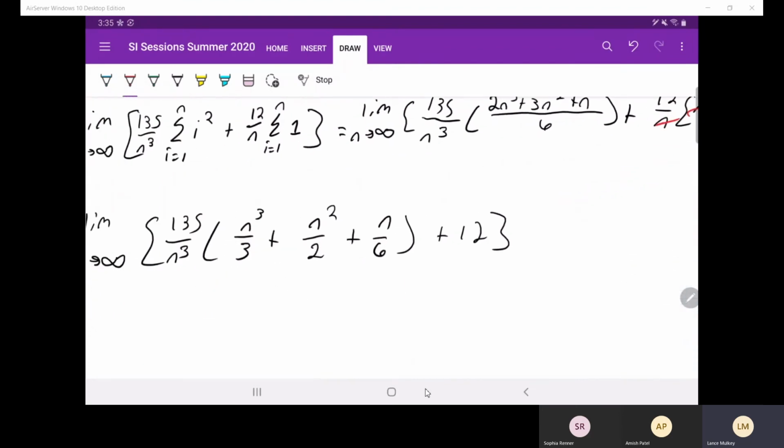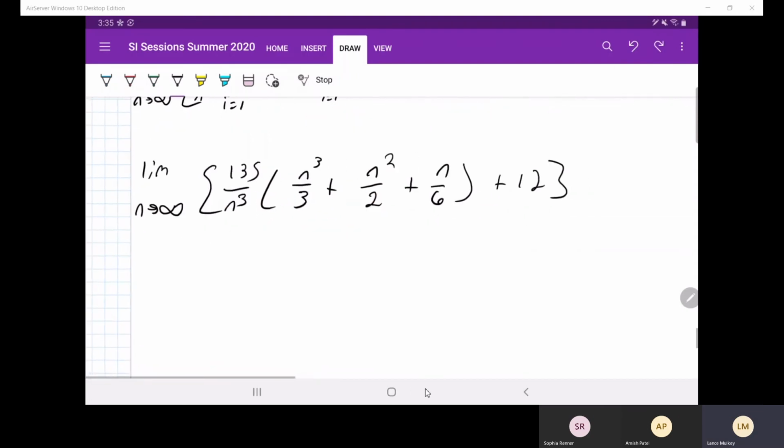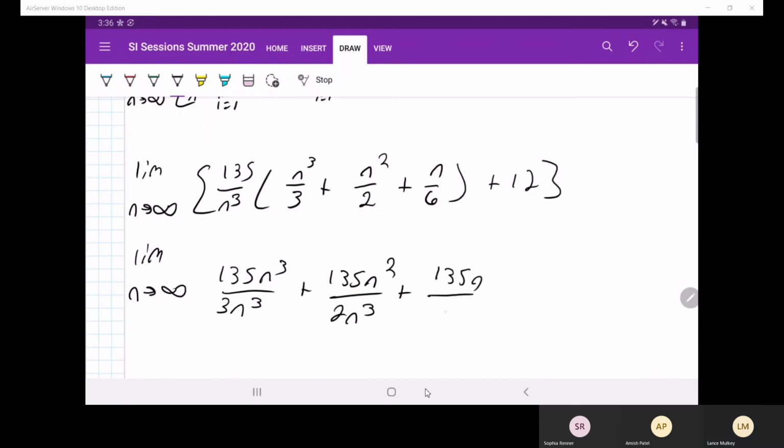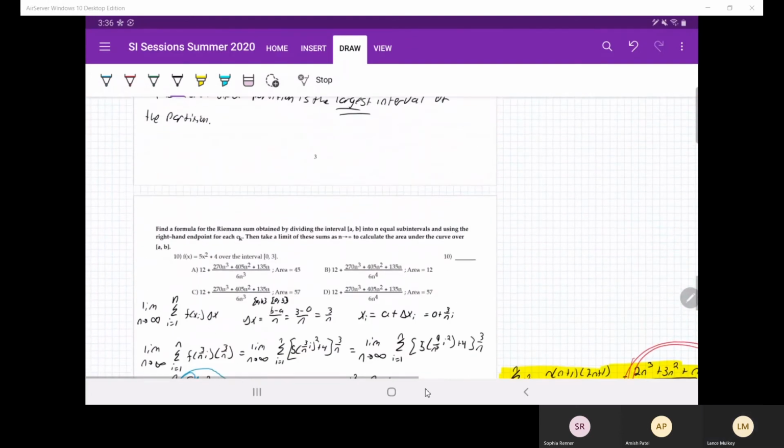Now, when you're, hang on, no, let me not do that. Now you distribute. 135 n cubed over n cubed, 3n cubed plus, and hang on.